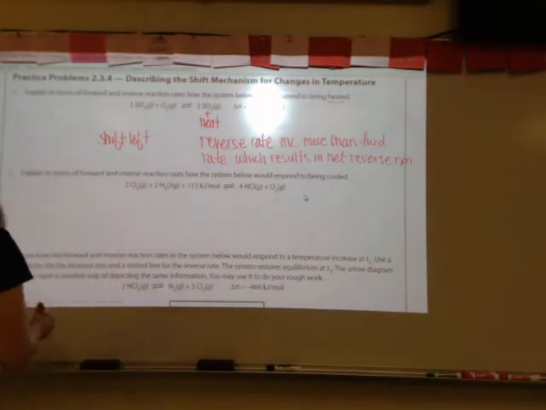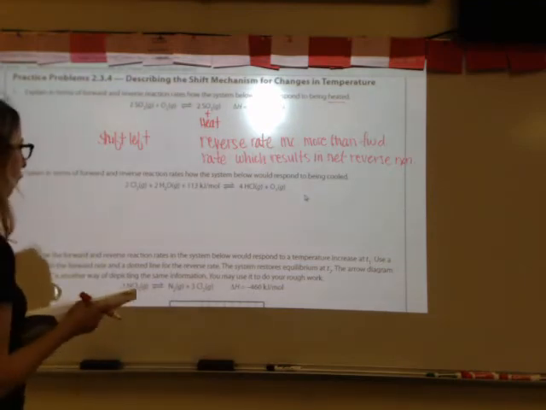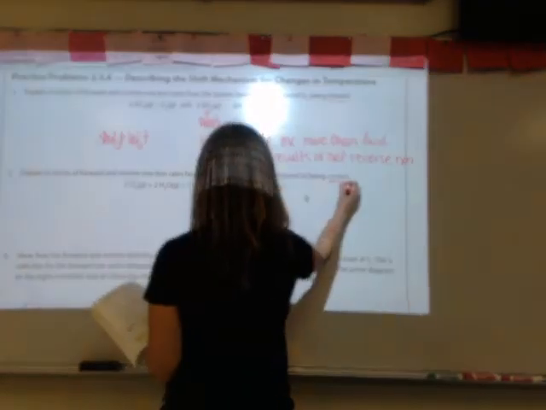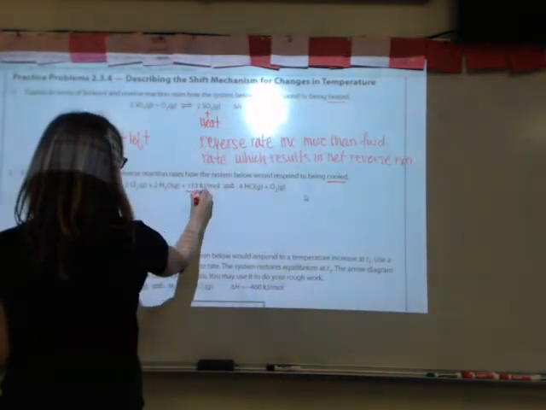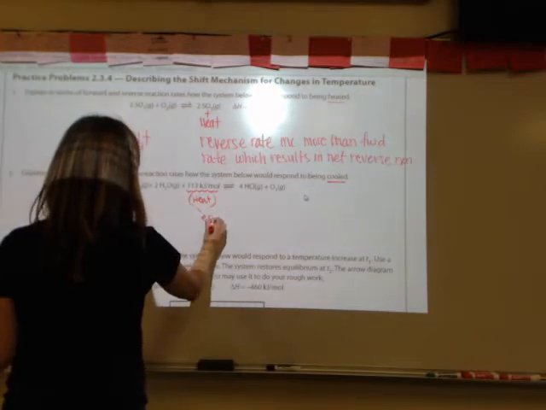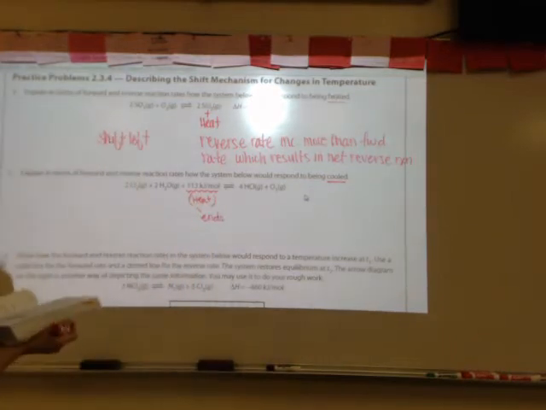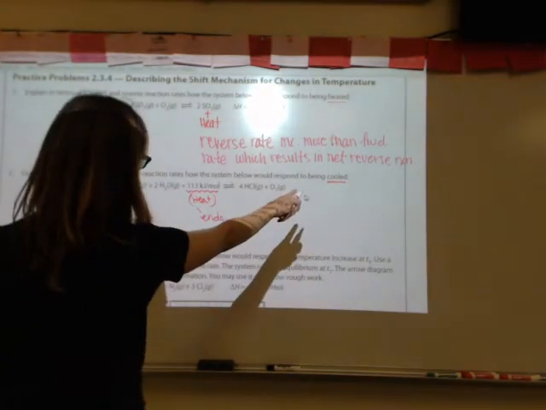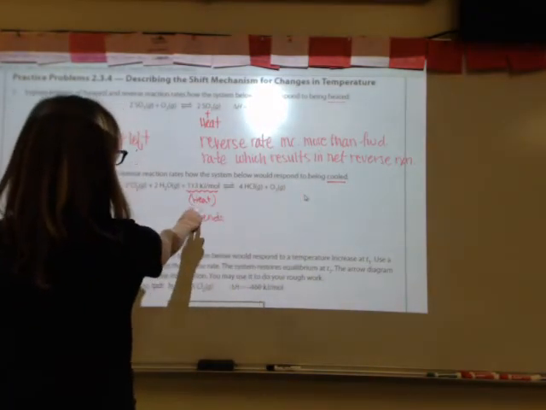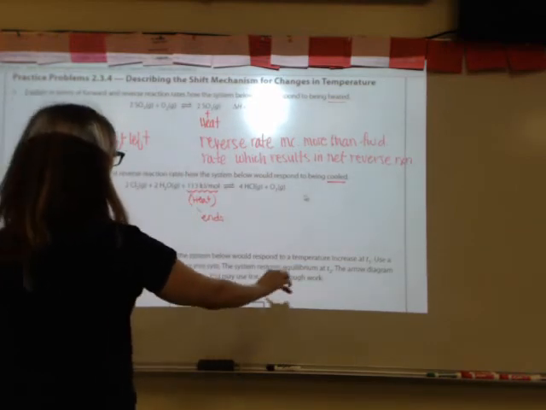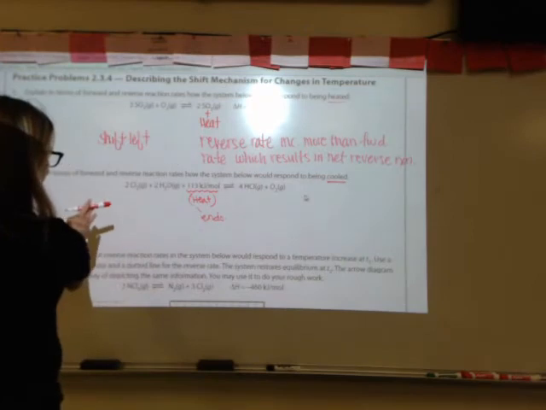Number 2, explain in terms of the forward and reverse reaction rates how the system below would respond to being cooled. Well, here you have heat as a reactant, so this is an endothermic process in the forward direction. So if you're cooling something, you're removing some heat. We need to replace some of that heat to get back to equilibrium, so you need to shift to the left.